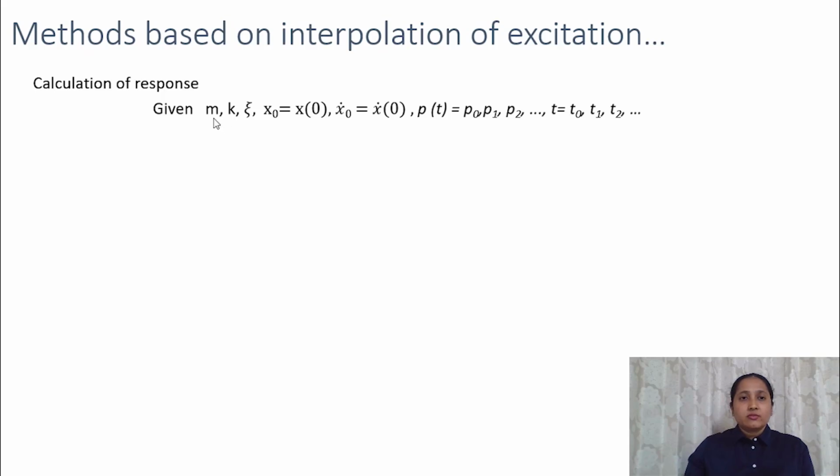To calculate the response of a single degree of freedom system numerically, we will know the mass, stiffness and damping of the system, and we will also know the initial conditions, that is the initial displacement and initial velocity, the velocity and displacement at time equal to 0.